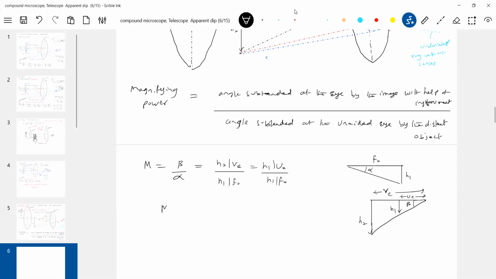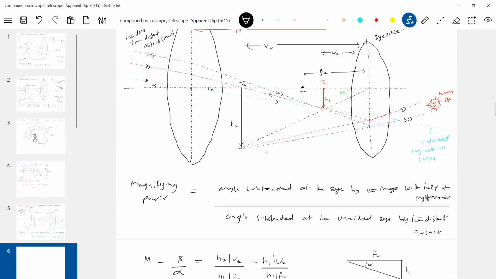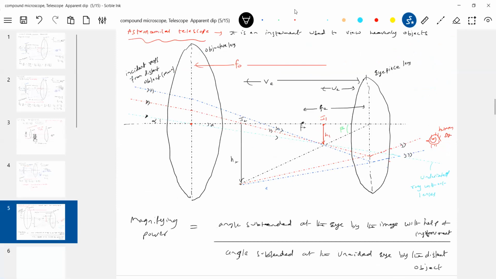So finally, this magnification is F naught by UE. That's the total magnification we get. And what is UE? It is the distance of the image, in terms of this I'm bringing.